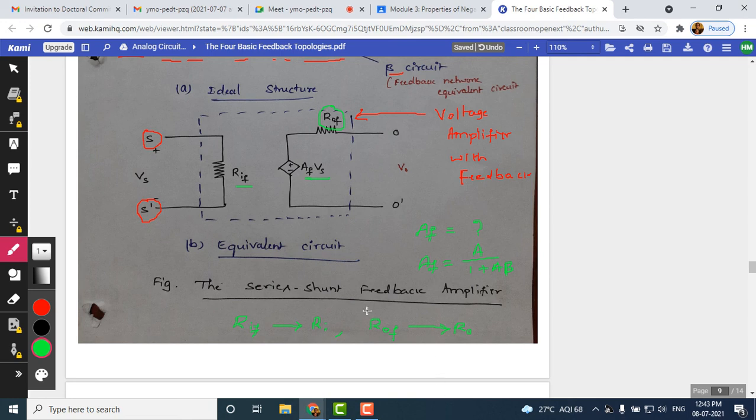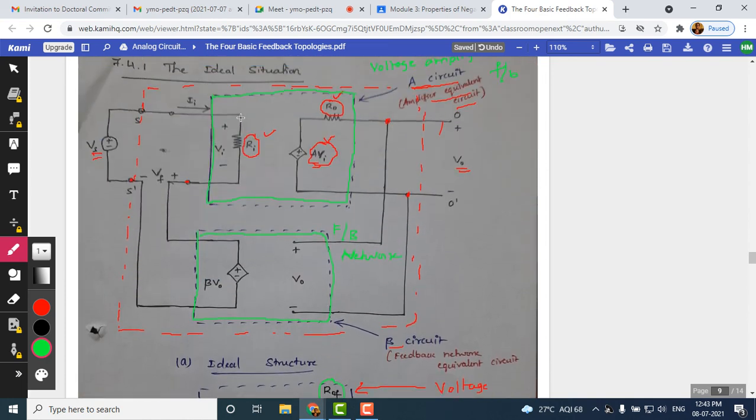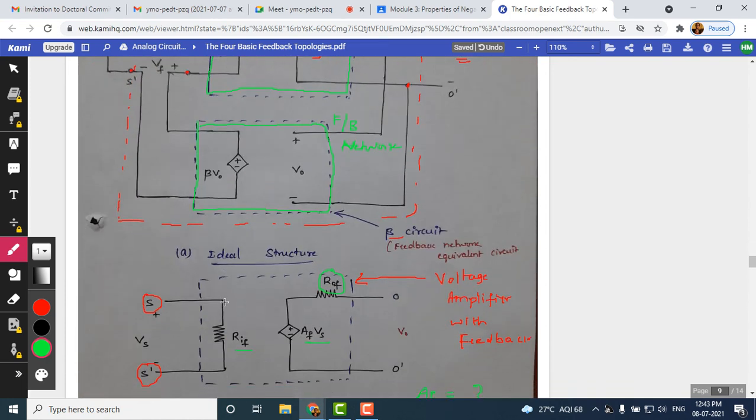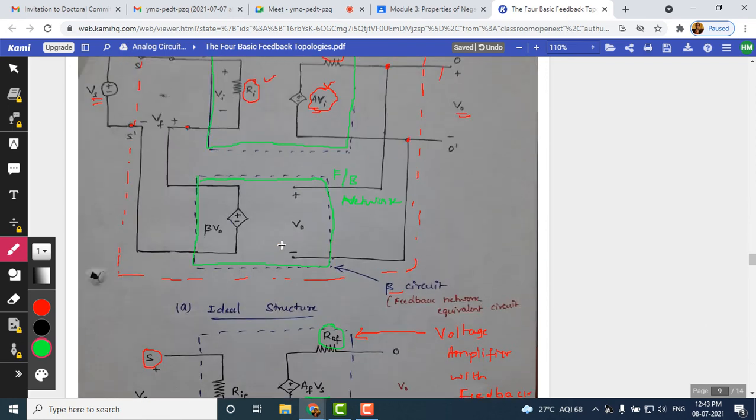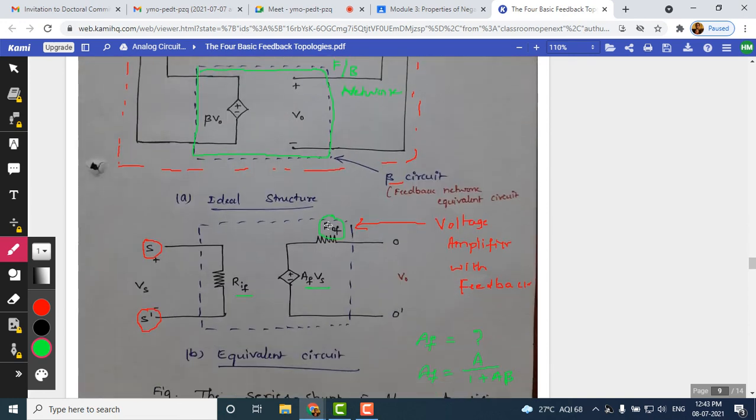In examination, these relations are very important. Final results, at least, are very important. So try to understand this now. I hope you understand how we arrived at this simple equivalent circuit from the overall ideal equivalent circuit of a feedback amplifier for the series-shunt feedback topology.